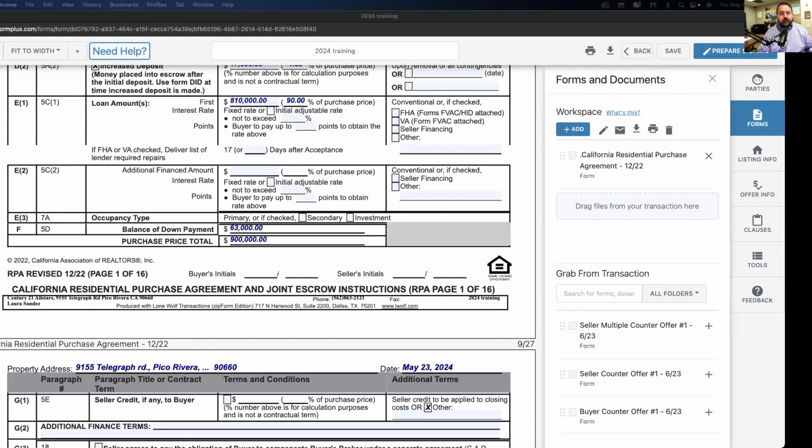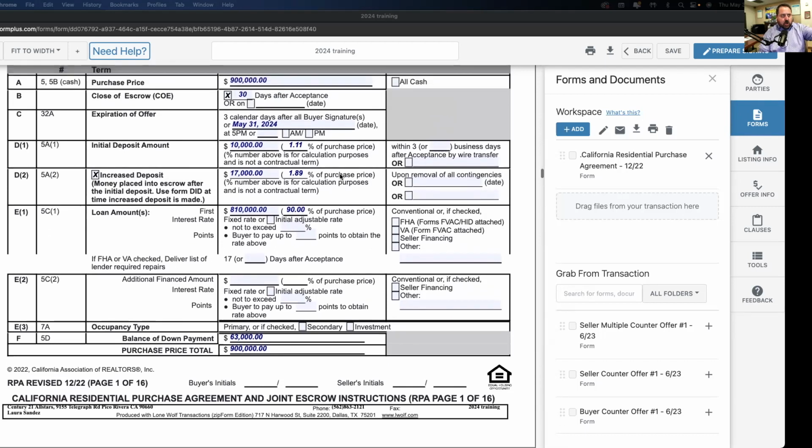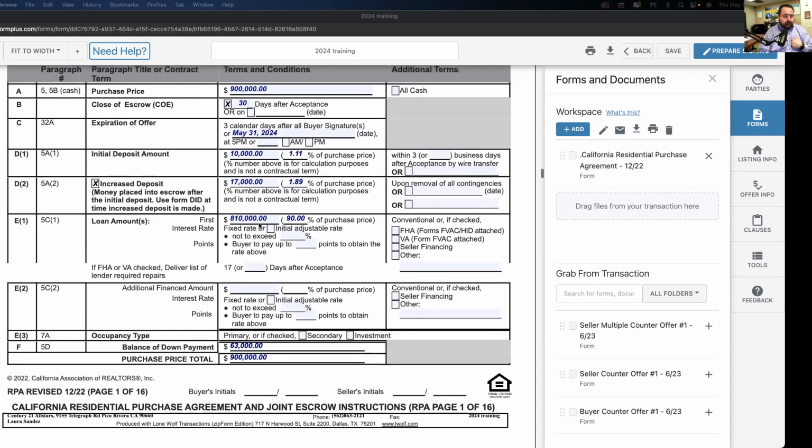Okay, so last week we talked about how the initial deposit, the increased deposit, if by chance there is an increased deposit, and the loan amount, how that math totals up, right? With this one, we did kind of easy math. It was a $900,000 sales price, an initial $10,000 deposit. $17,000 was going to be deposited when we removed all of our contingencies by using the increased deposit.